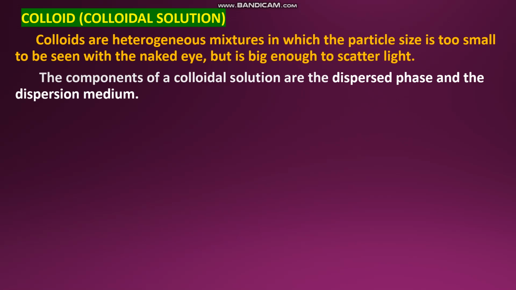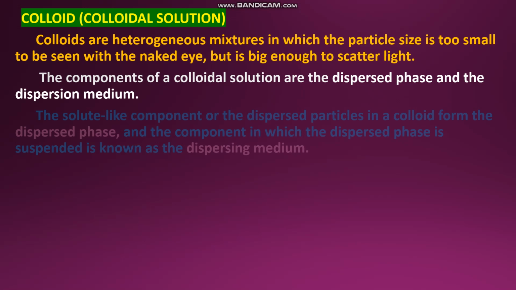So just like the solution, colloid also has two components. Are you remembering the components of a solution? Yes, they are solute and solvent. In colloid, the components are called dispersed phase and the dispersion medium. Let us see what are this dispersed phase and dispersion medium.